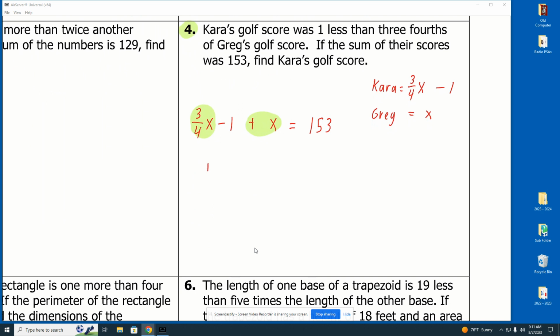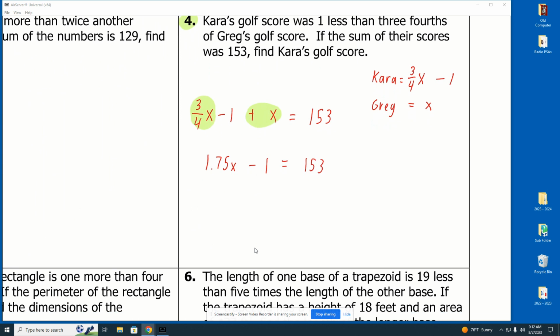You could do 1.75x, or if you use your calculator and you did 3/4 plus 1, it would actually make it 7/4. And that works too. So 1.75x or 7/4x, and then don't forget the minus 1 equals 153. Now let's solve.